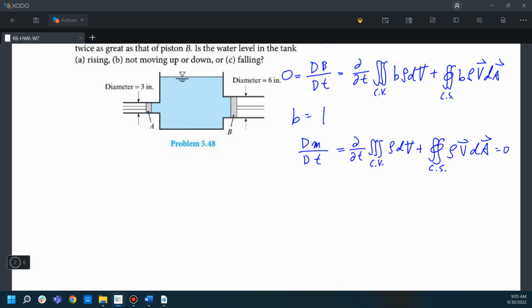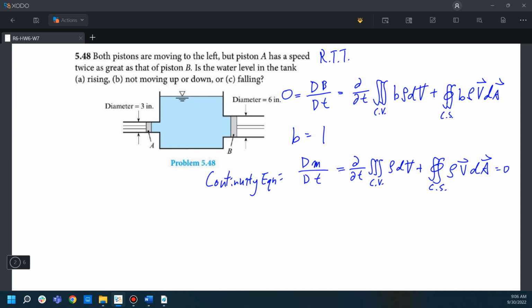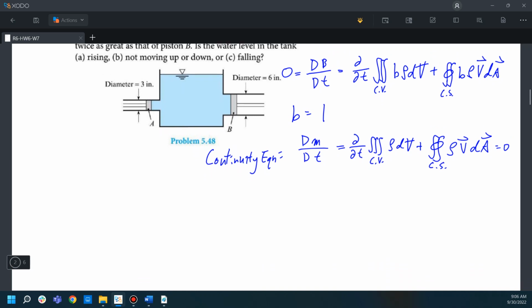Okay, so this is the continuity equation. Now you don't need to remember two different equations, just need to remember this RTT equation, and you can easily derive the other balance equations that we will use throughout this chapter.